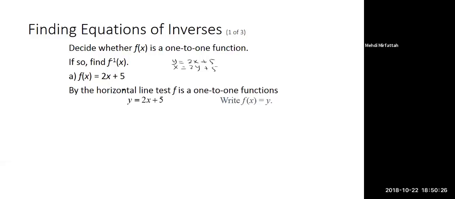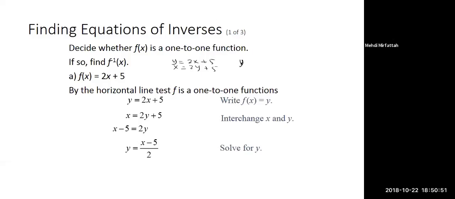Any straight line, as long as it's not a horizontal line, is a one-to-one function. So you see y equals 2x plus 5. You exchange the positions and put x equals 2y plus 5, and then solve for y. To solve for y, you subtract 5 from both sides of the equation, divide each term by 2, and there it is. This is the inverse of this function.